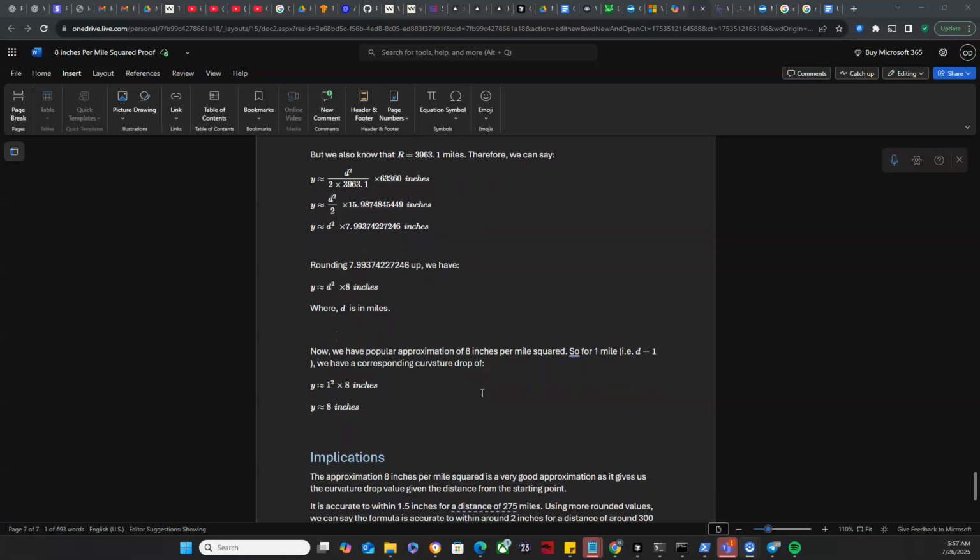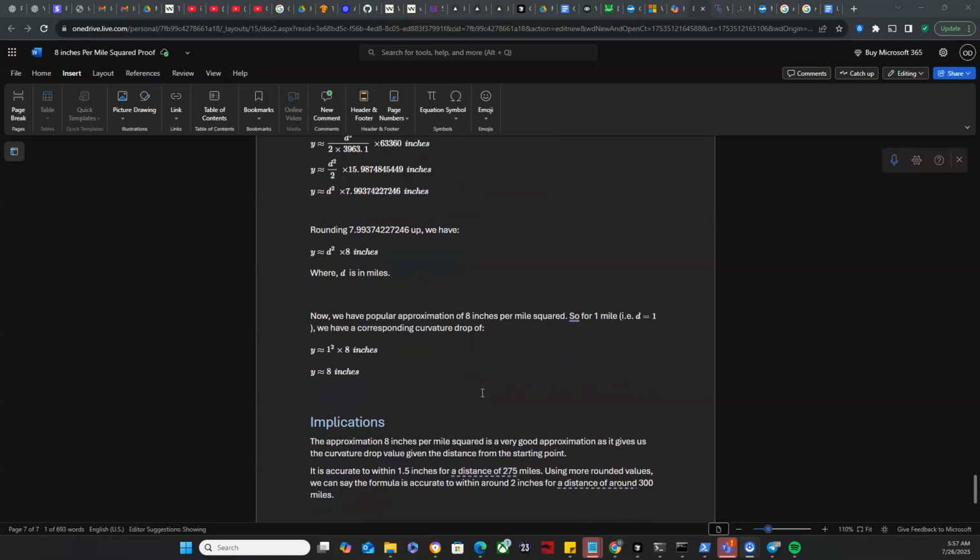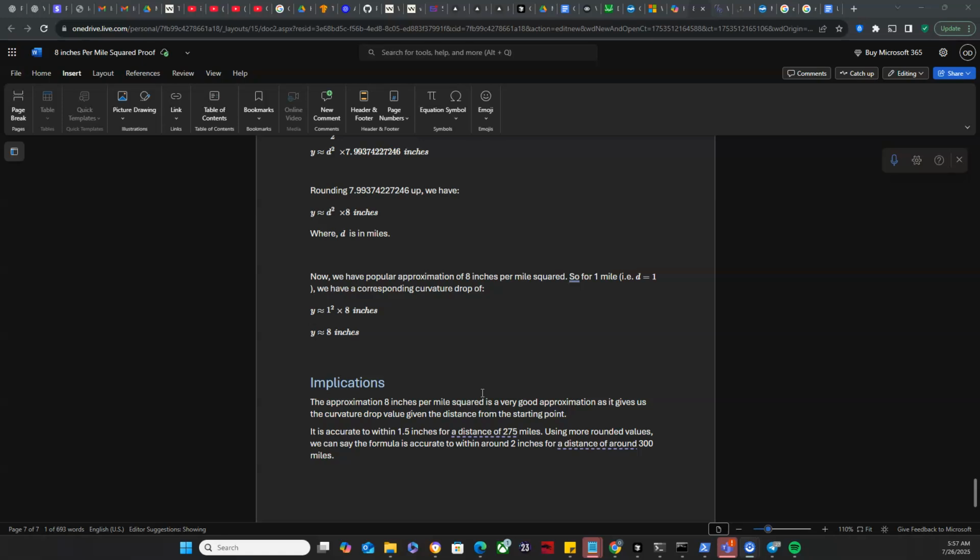And there is one implication of this that I was able to think of, which is that the formula itself is accurate to within around 2 inches for a distance of around 300 miles.